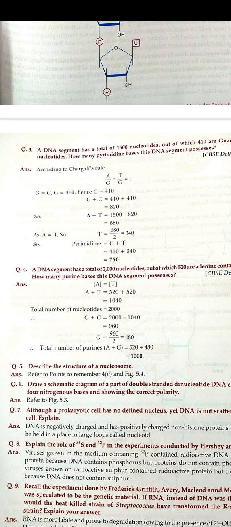Now as we know A equals T, so T equals 680 by 2 equals 340. So pyrimidines equals C plus T, 410 plus 340 equals 750.